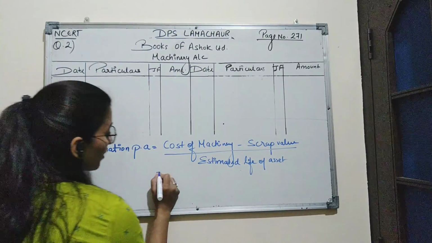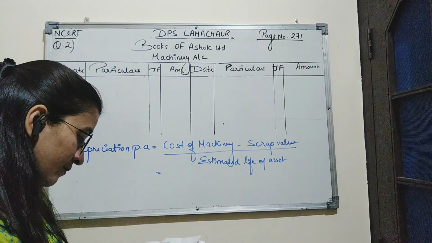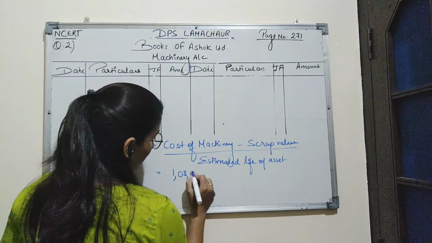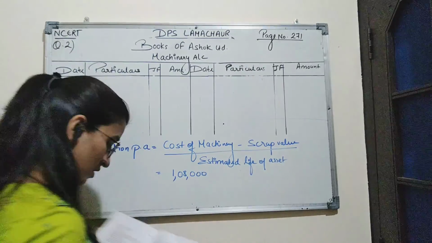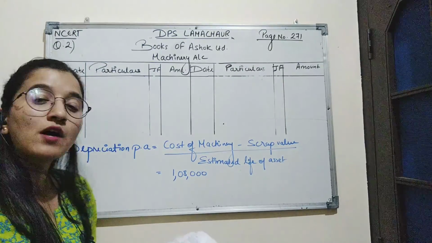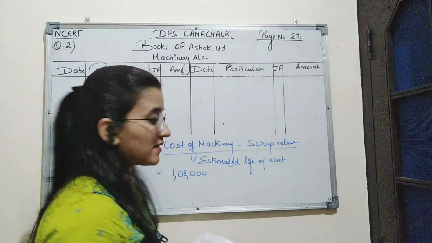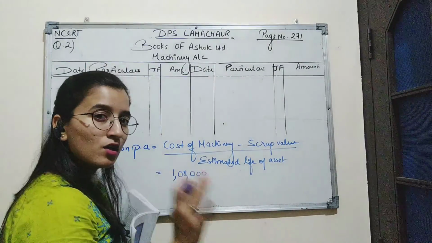So here the cost of machinery is 1,08,000 and 12,000 is spent on its installation. Installation expenses are always added to the cost of machinery.